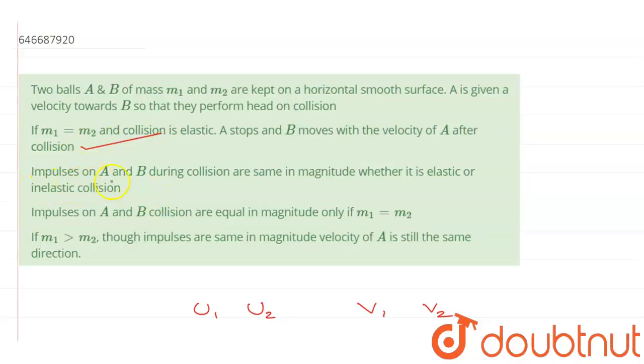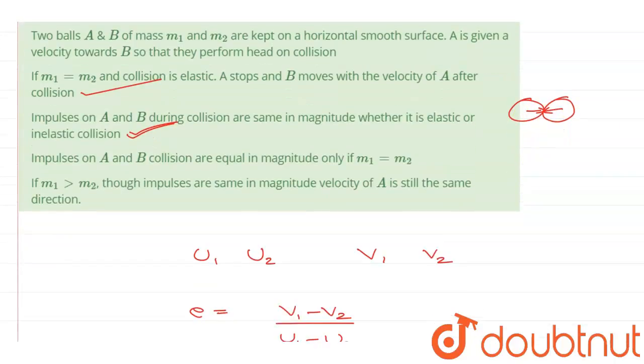The second statement says impulses on A and B during collision are same in magnitude, whether it is elastic or inelastic collision. This statement is also true, because if two bodies are colliding and one is applying some force on the other, then by third law of Newton, there should be an equal and opposite force being applied.